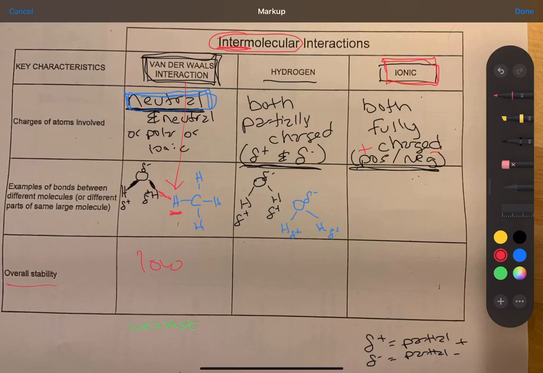And so if we want to think about how this hydrogen in one water molecule is interacting with the oxygen in the neighboring water molecule, that's going to be a hydrogen bond. You've got a partially positive hydrogen attracted to a partially negative oxygen. You've got opposites attracting here, and so you have kind of a mid-range level of stability. They are quite happy to stay in that interaction.